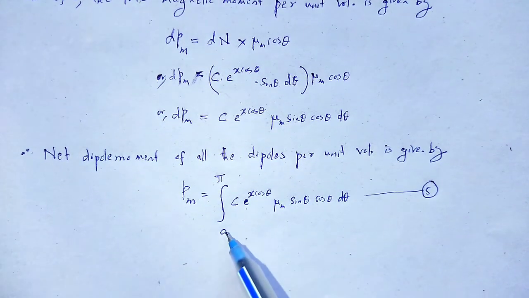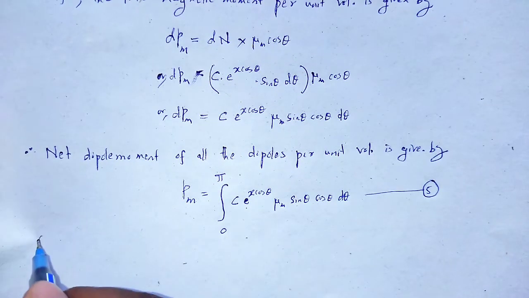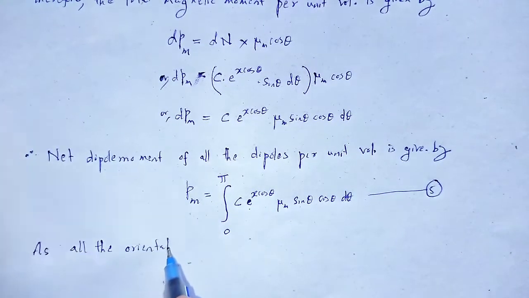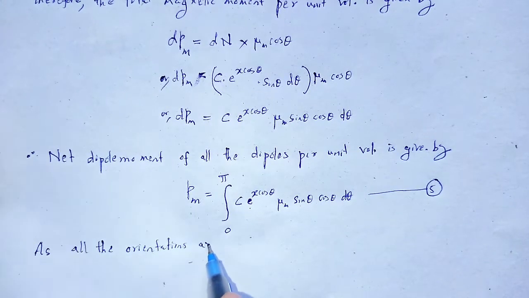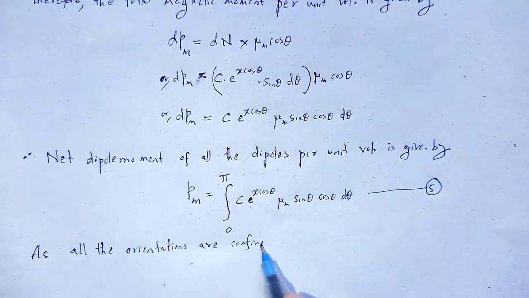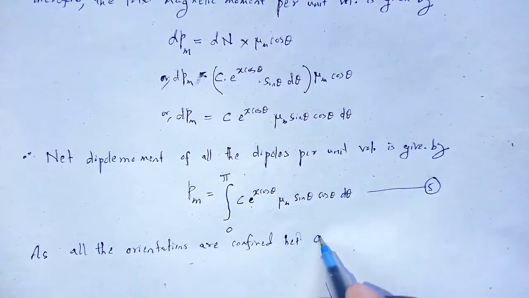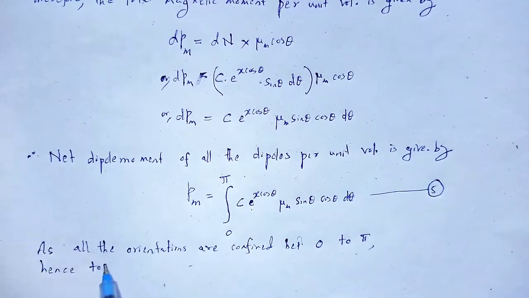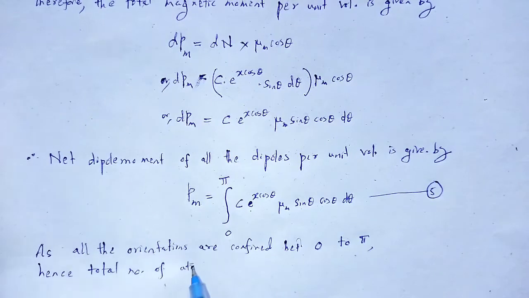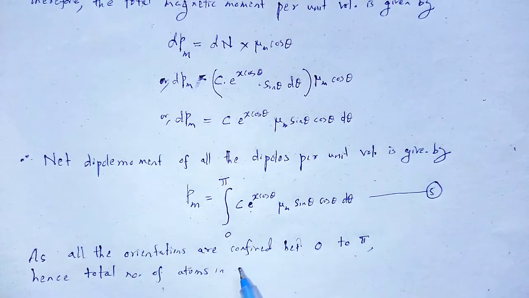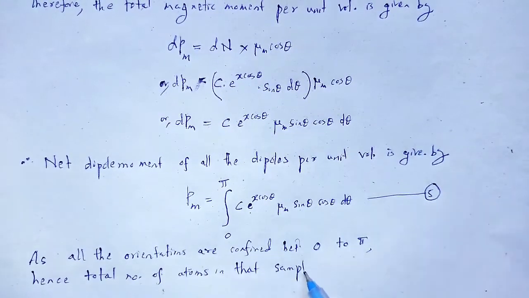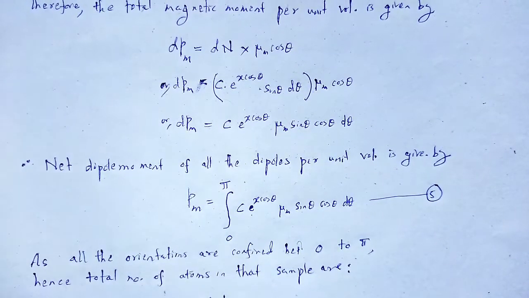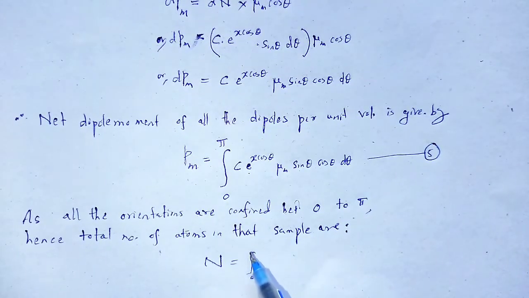Since all the orientations are confined within the range 0 to pi, hence the total number of atoms in the sample of paramagnetic substance, n, is equal to the integral from 0 to pi of dn.